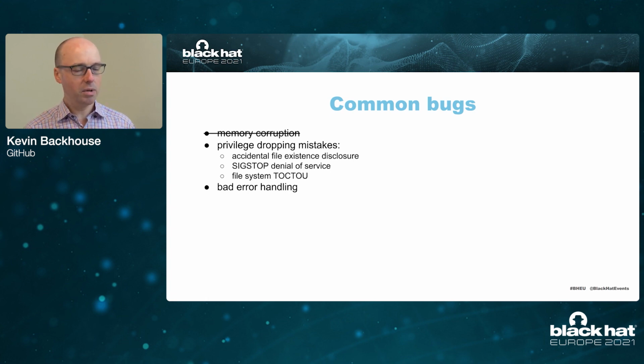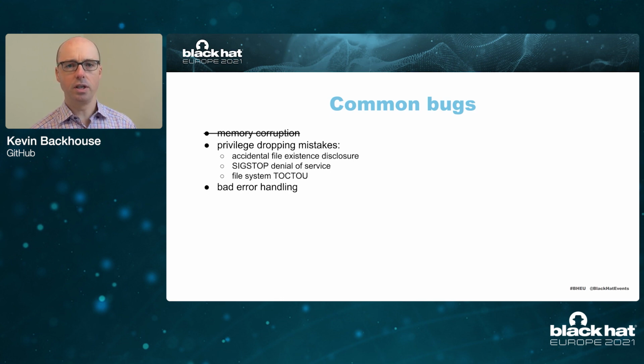But I do think that maybe because most of these applications are using these dbus libraries to do the lower level message parsing, that's why I've not found many vulnerabilities, because those libraries have been quite well tested. What I have seen a lot of is privilege dropping mistakes.